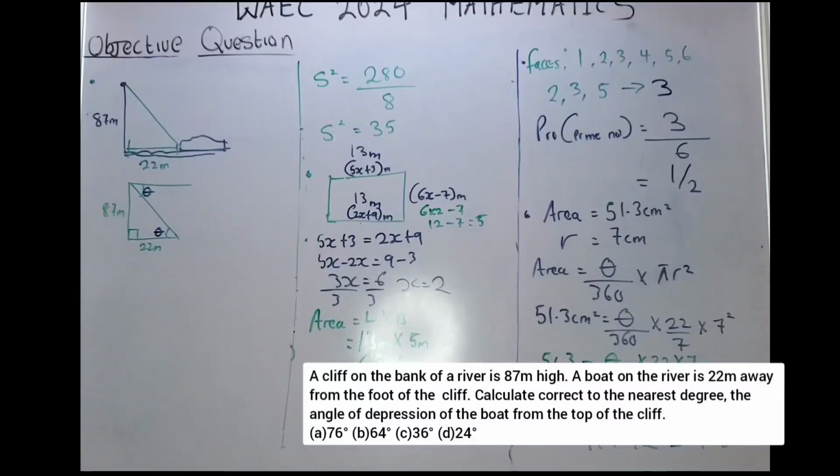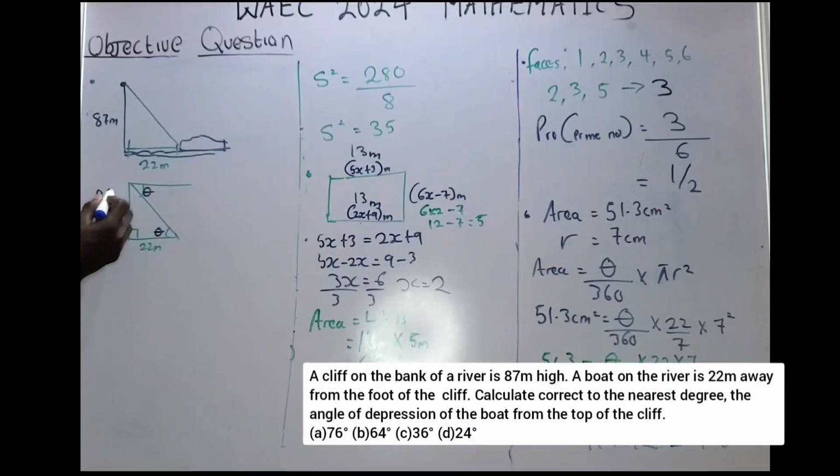Now, to get the angle of depression, we need to use the combination from our basic trigonometry. You know that there is a mnemonic device known as SOHCAHTOA. So it is that you are going to use to calculate theta.